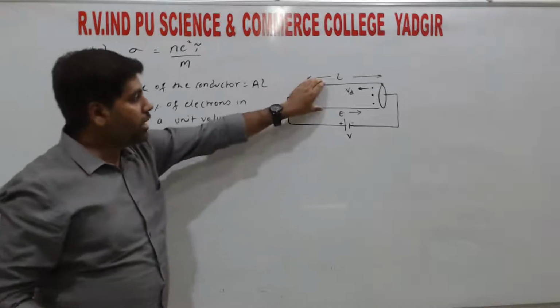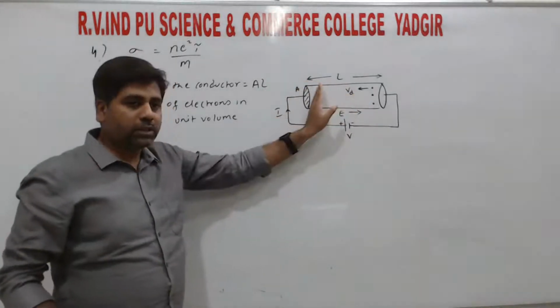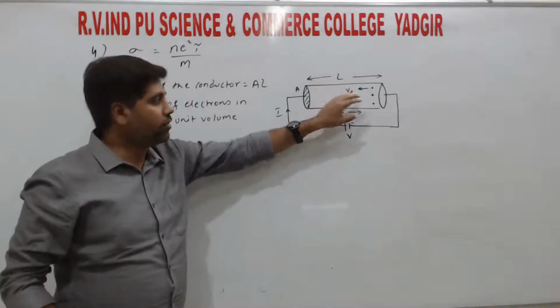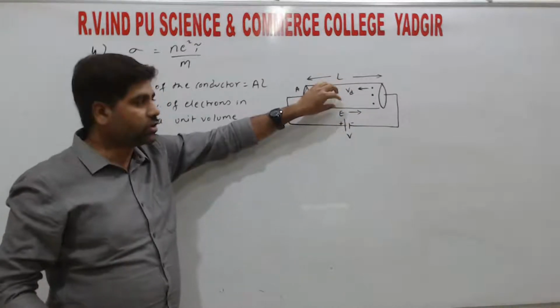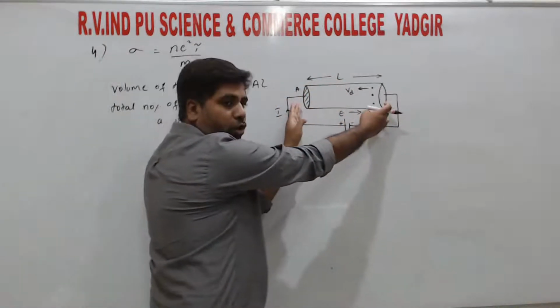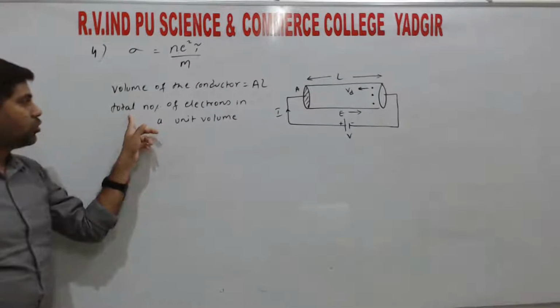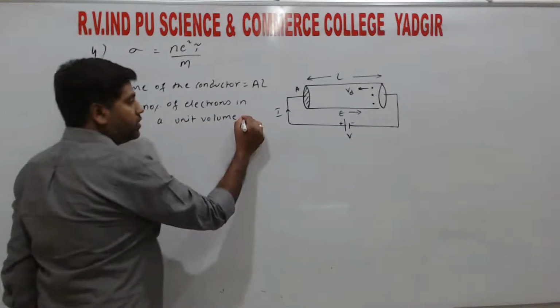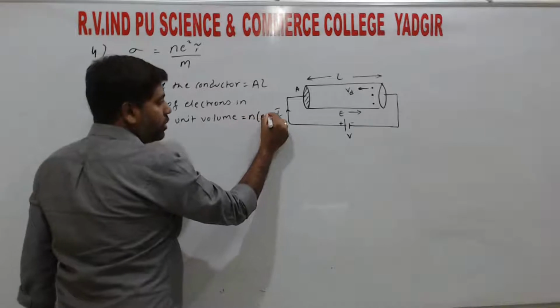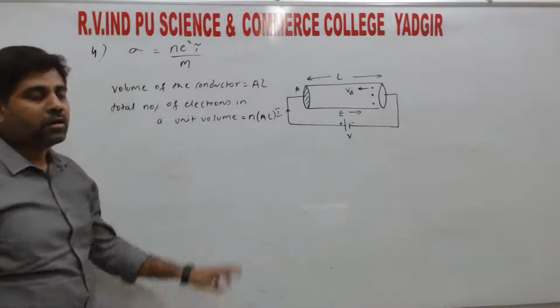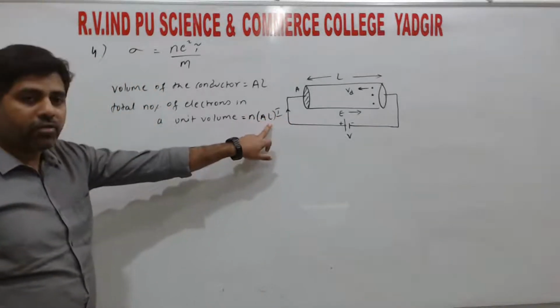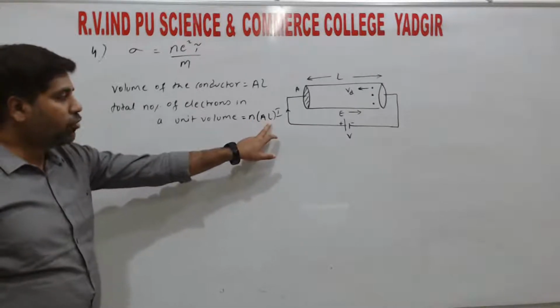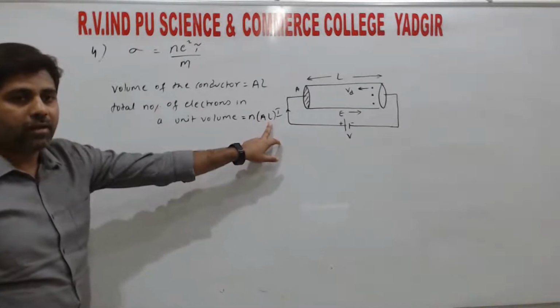So next, we first find out how many electrons are present in this volume. So there are n electrons present in the unit volume of the conductor. That is the total number of electrons in a unit volume, right? So the number of electrons is n into the volume, that is n into A into L, right?